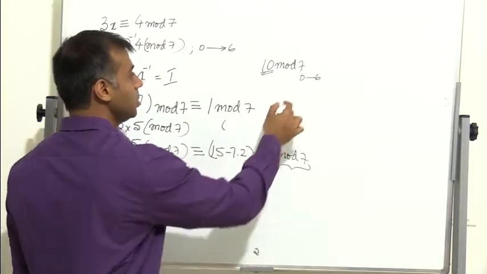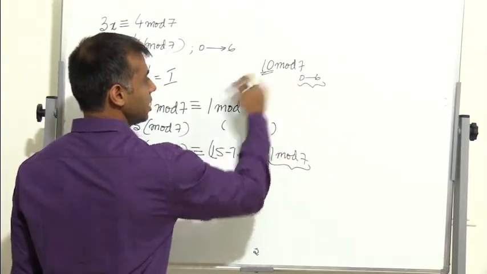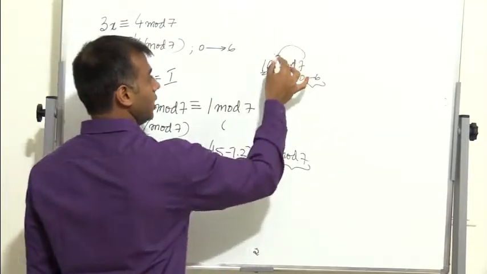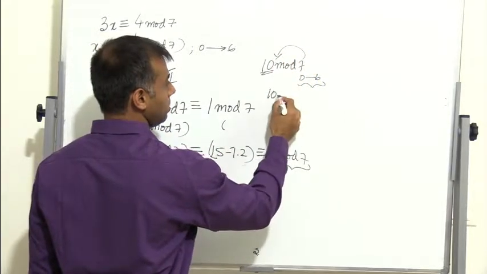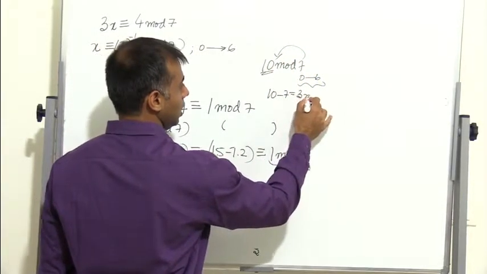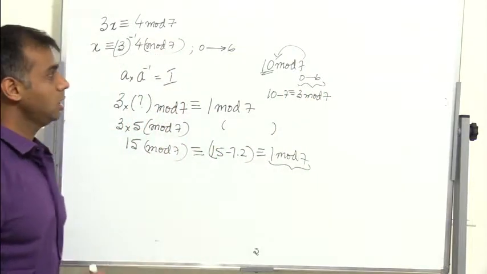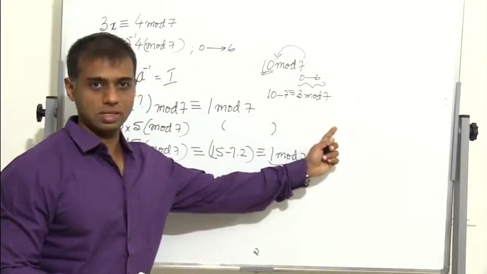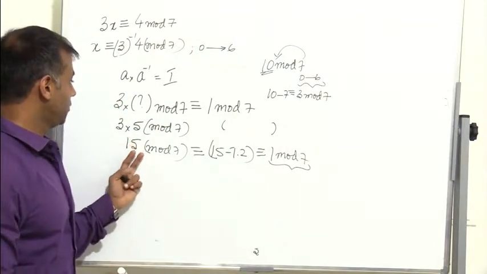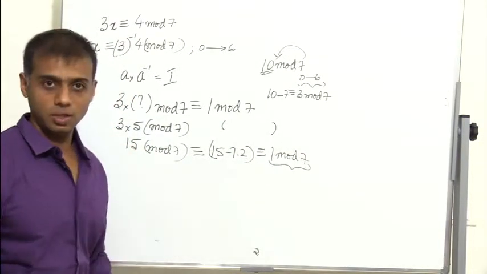So I subtract the mod value 7 from this number. 10 minus 7 gives me 3, so 10 mod 7 is nothing but 3 mod 7. Similarly, 15 mod 7 is nothing but 1 mod 7.